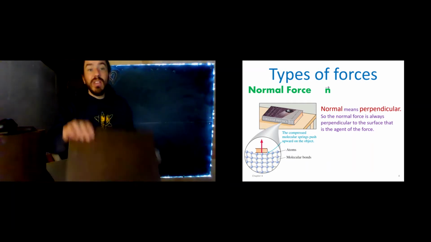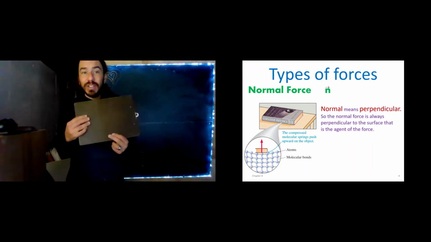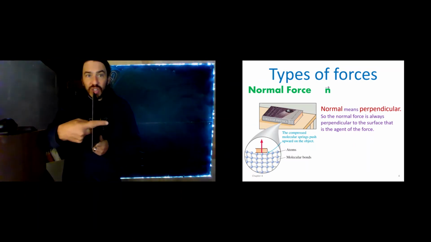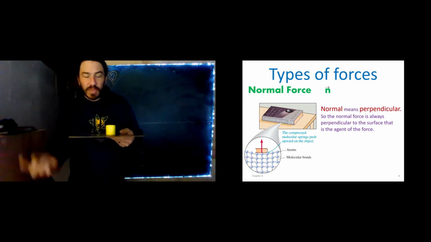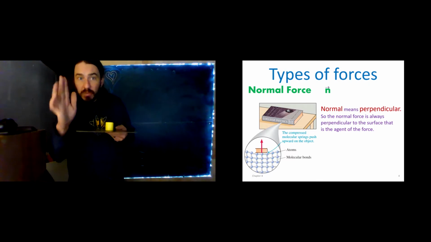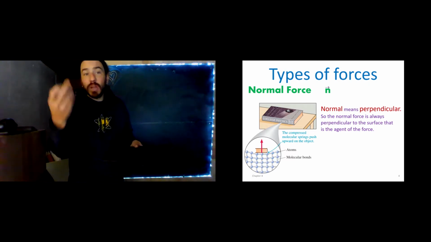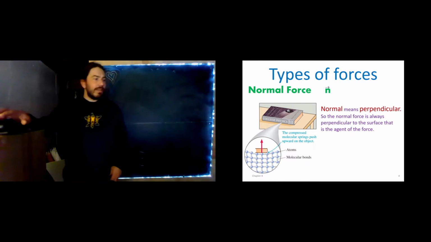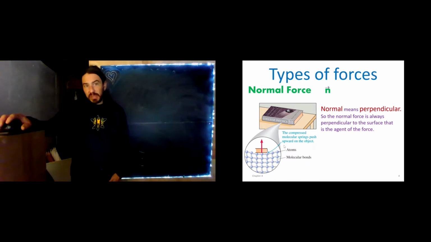And so in this case, the normal force is always perpendicular to the surface. If we looked at a side view, the force would be pointing straight out that way if this is on there like this, right? So the normal force points straight up away from the surface, perpendicular to the surface. That's what normal means in this context, is perpendicular. And we can think about that as really almost like a spring force.